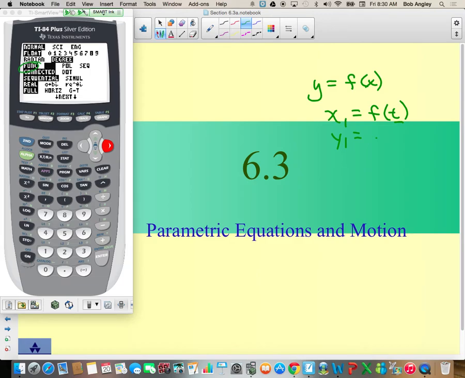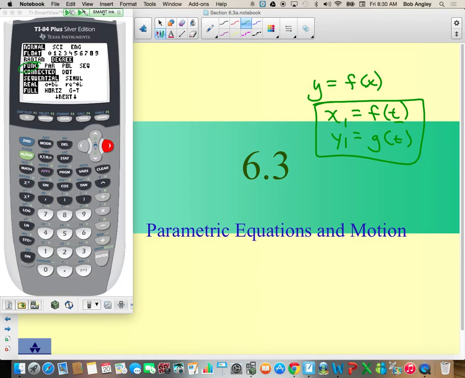Okay, and I'll explain all of this as we go through the lesson today, but when you talk about parametric equations in motion, there are going to be two of them, one for x and one for y, and then there's going to be another variable t that occurs in it, okay? Now, later in the chapter, we're going to deal with what are called polar coordinates, all right?